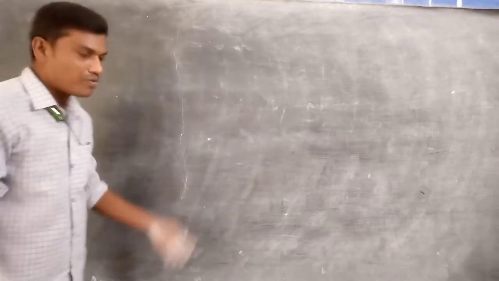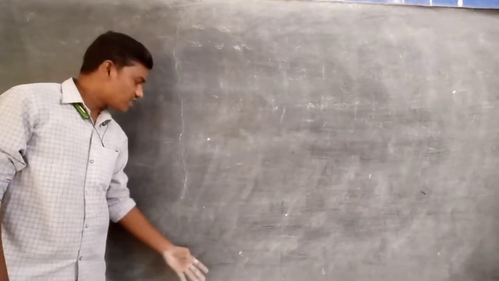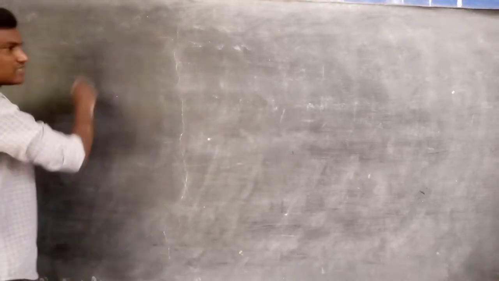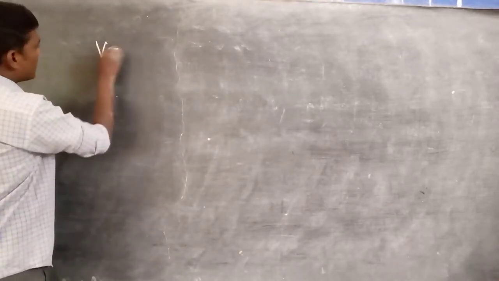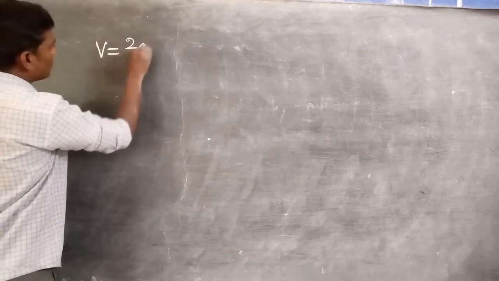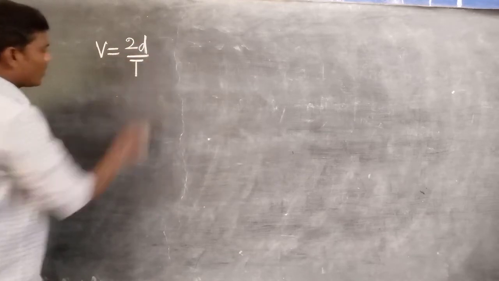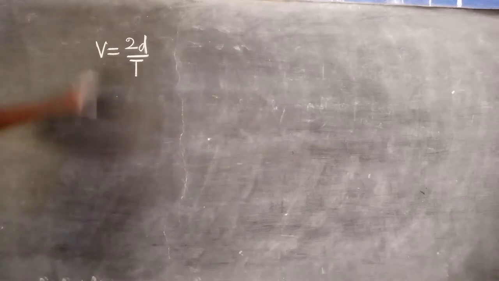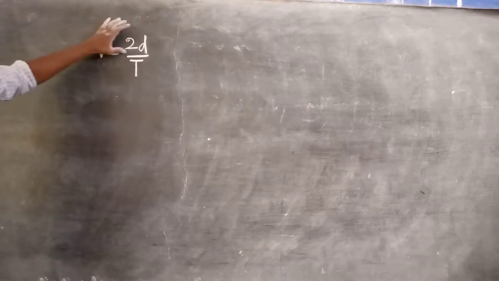But in the sonar process, how can they find at what distance the group of fishes or sunken ship is, or the depth of the sea? By using a formula: V equals 2D by T. We know that velocity equals distance by time, but here V equals 2D by T. Why 2D by T?